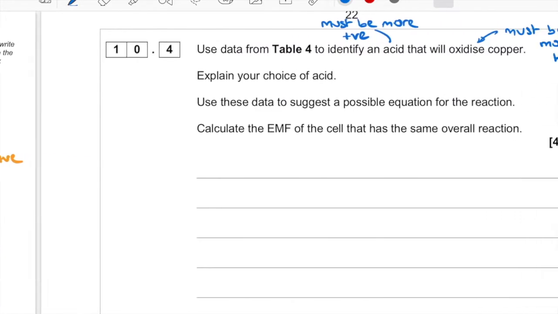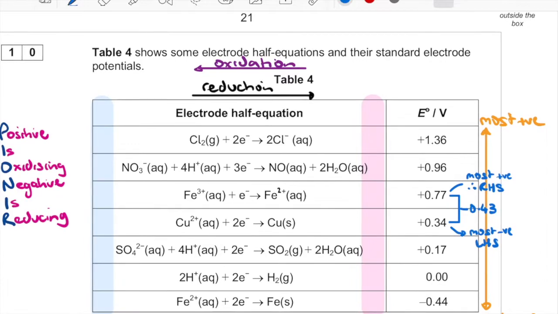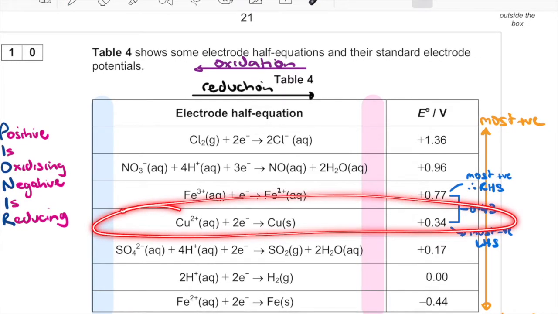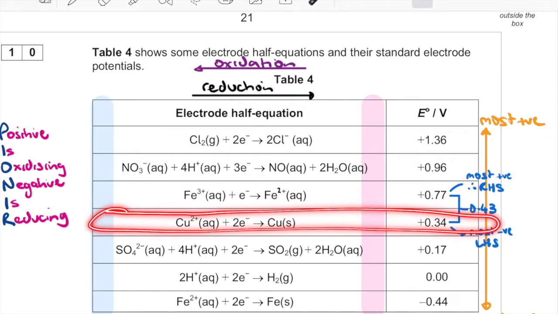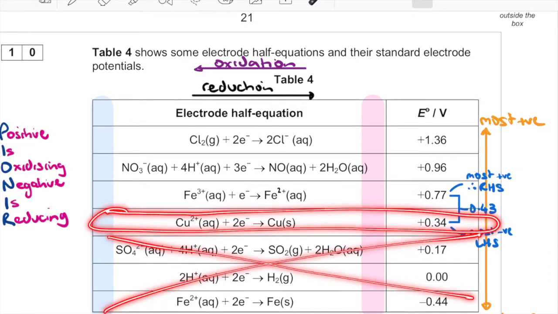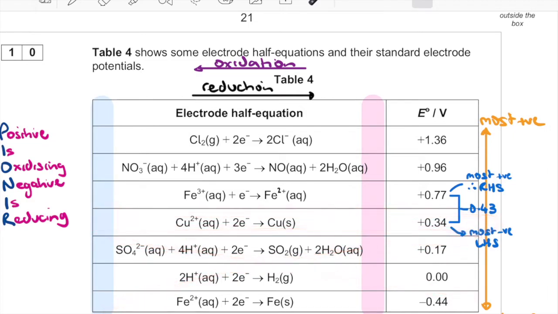If we go back, we can see that copper is here. That must be more negative than whatever else we're going to look at. So instantly, it rules out what's below. What it's ruled out in this respect is sulfuric acid.